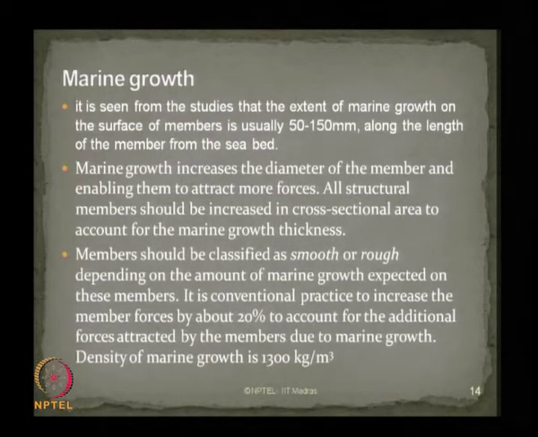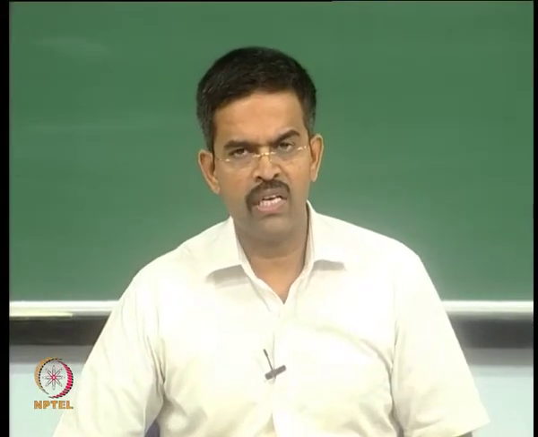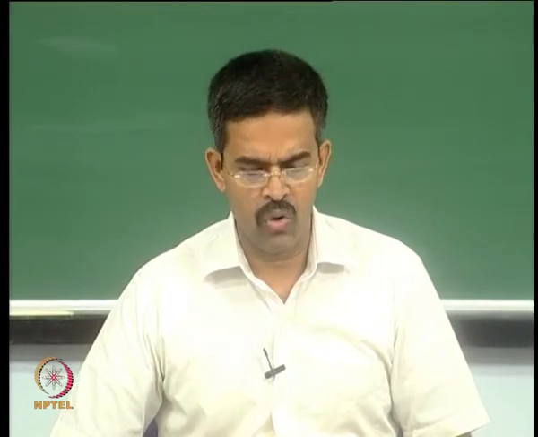In addition, members should also be classified either as smooth or rough, because the drag and inertia coefficients for the surface roughness of the member are different, which are generally advised by different international codes.